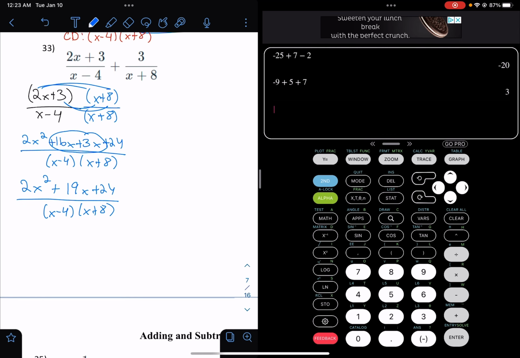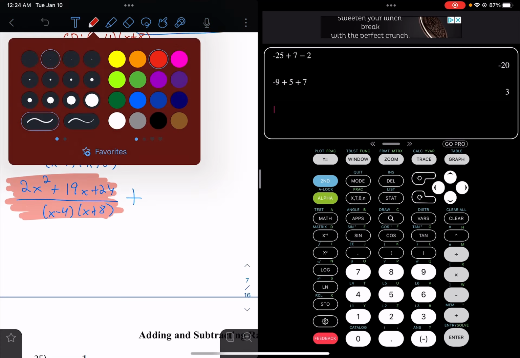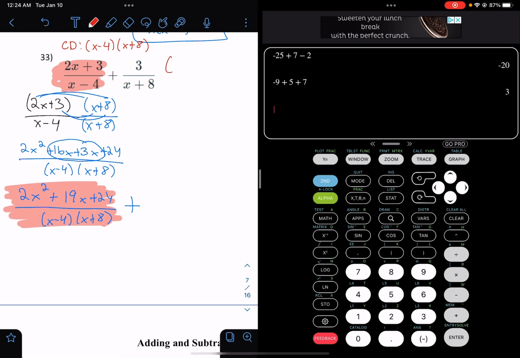All right. So basically what I've done is I have made this guy have the common denominator that I want. Now I got to go work on the other guy. So we got to put a plus sign in between here. And this guy is missing an x minus 4. Now, fortunately, he's going to be a lot easier because we don't have to FOIL on the top. He's only got one term.